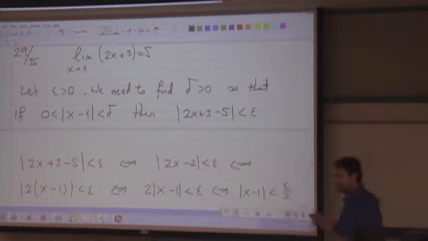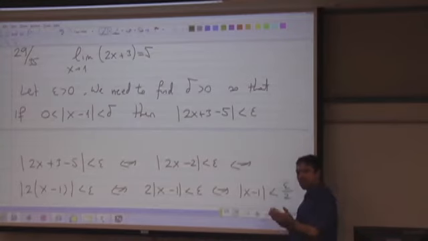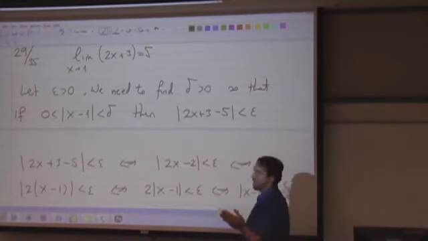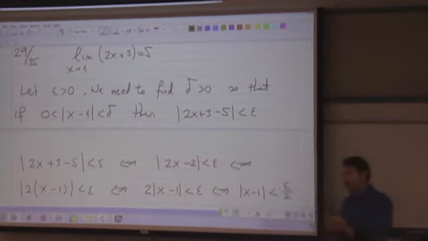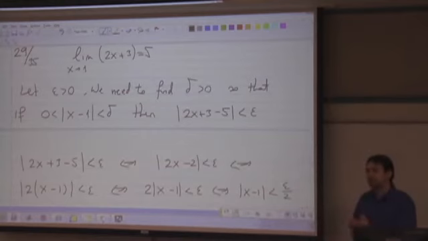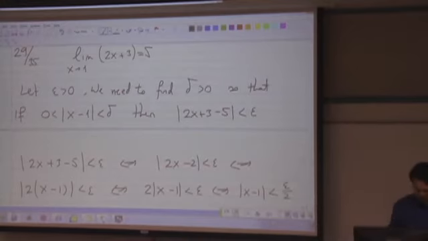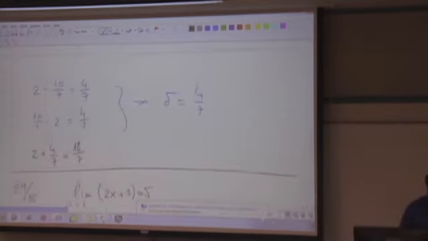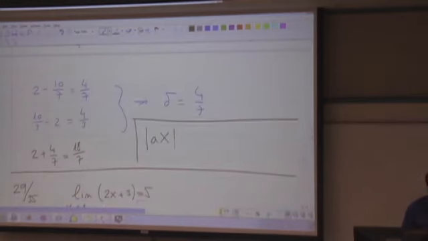Too fast? You can take the 2 out of the absolute value, right? Now, why is that? Because of properties of absolute values. Properties of absolute values say the absolute value of a times x is equal to the absolute value of a times the absolute value of x.